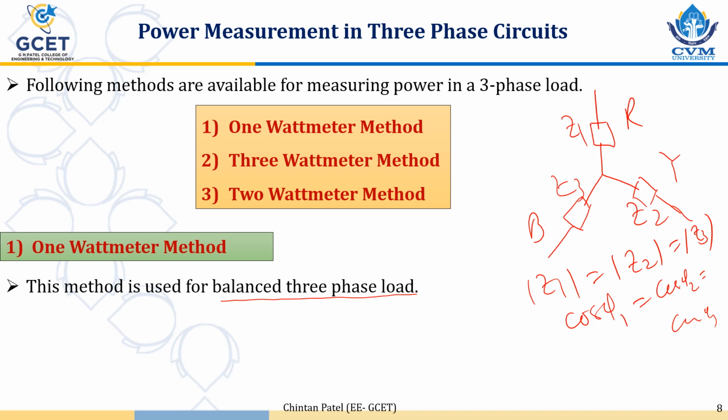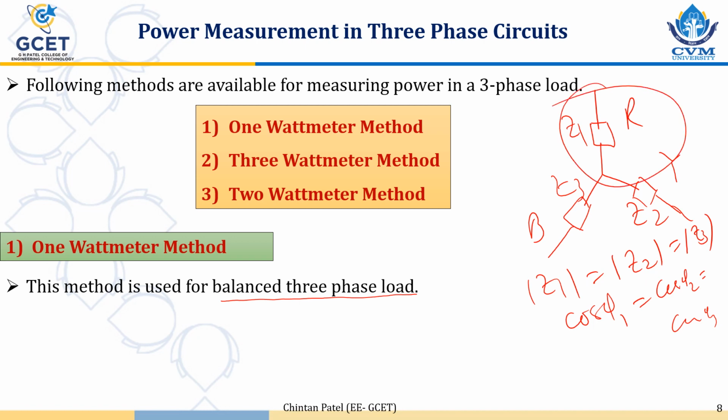This is the definition of a balanced three-phase load. Balanced three-phase load means the magnitudes of impedances are the same and their power factor is also the same. If the magnitude of impedances and power factor are the same, all the three phases will consume the same amount of power. And when phases consume the same amount of power, we can measure the power of any one phase.